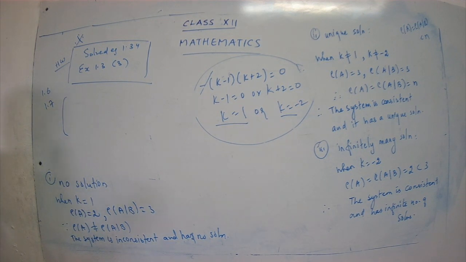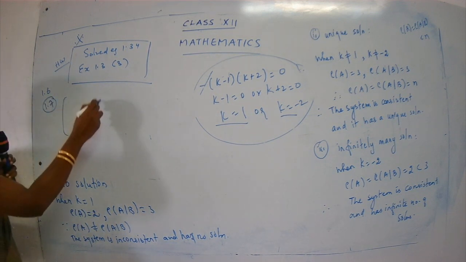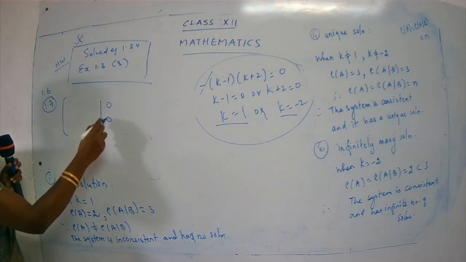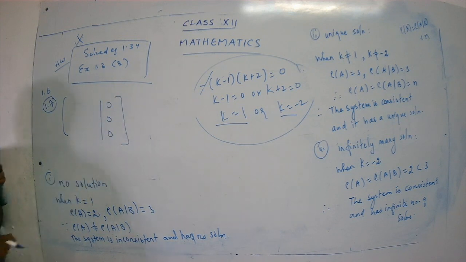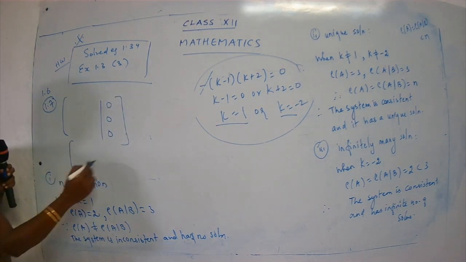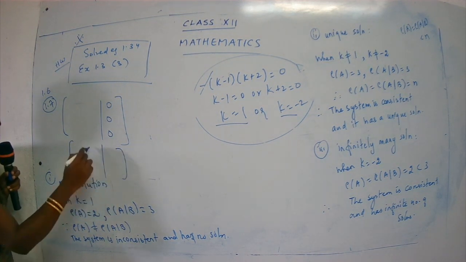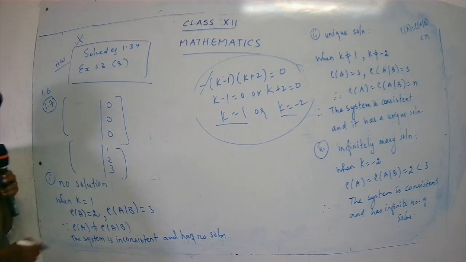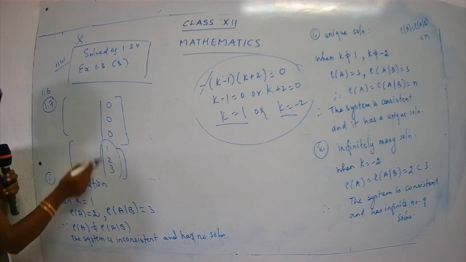But you see the difference between these two. In 1.7 you have all the constants to be 0. Just take a note of this, children. Have you seen the difference? In exercise 1.6, you were having a B matrix with some numbers.